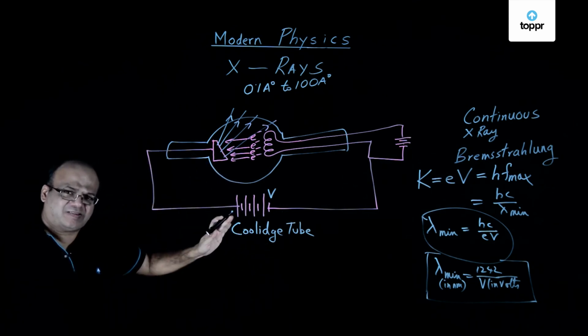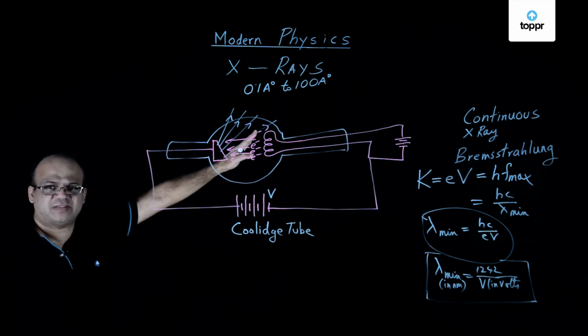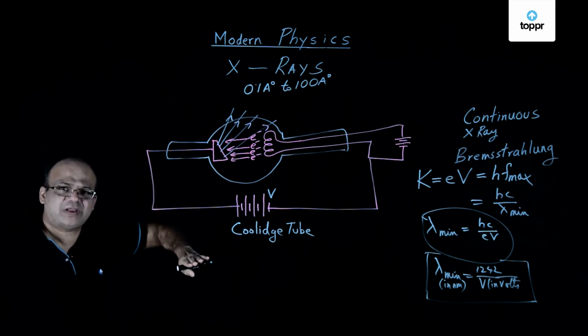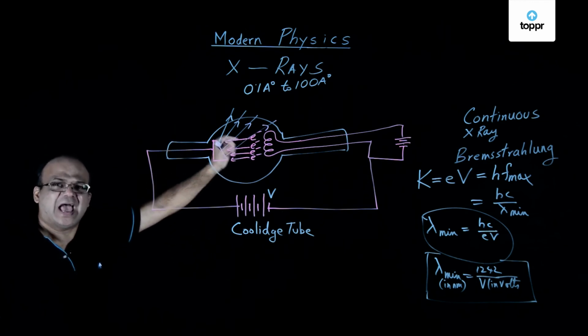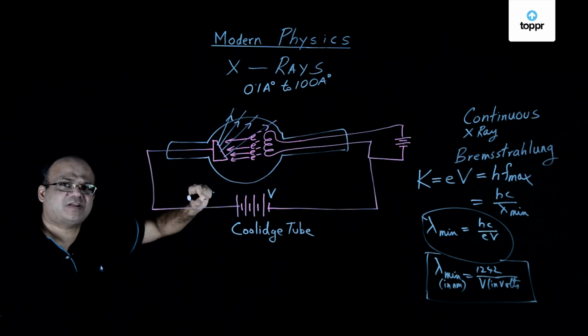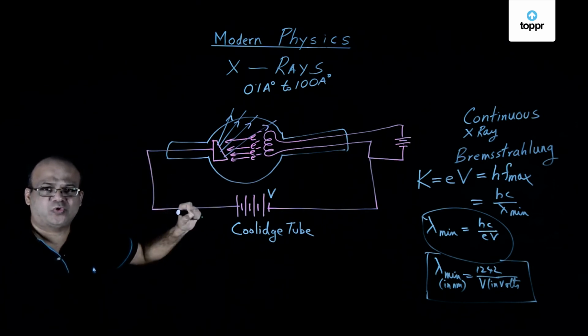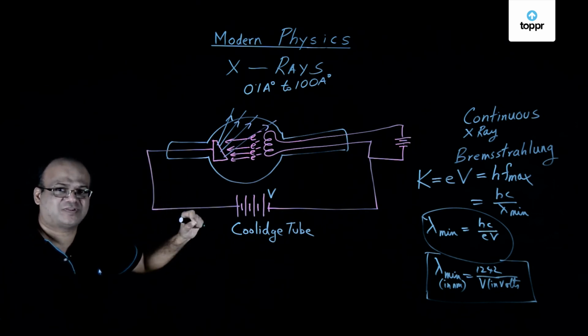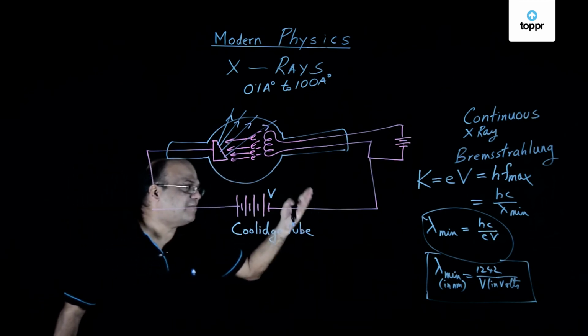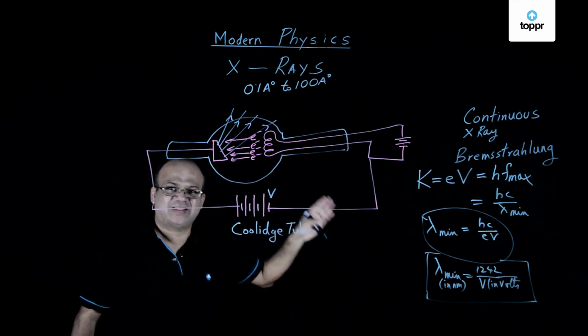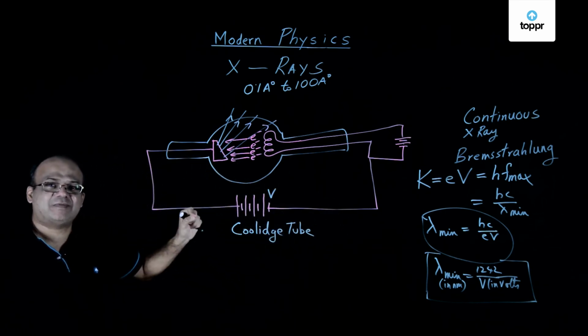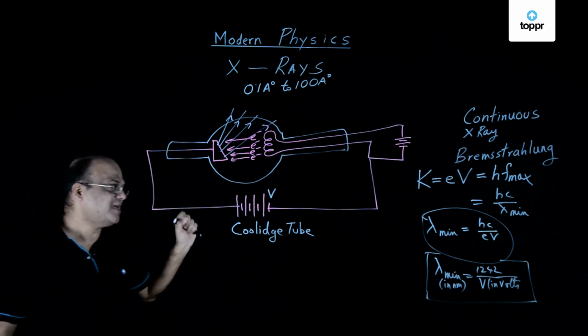The continuous X-rays have all range of wavelengths starting from lambda minimum to infinity, and lambda minimum is given by 1242 by V in volts. Okay, this lambda minimum will be in nanometer. The actual formula is lambda minimum equal to hc by eV.